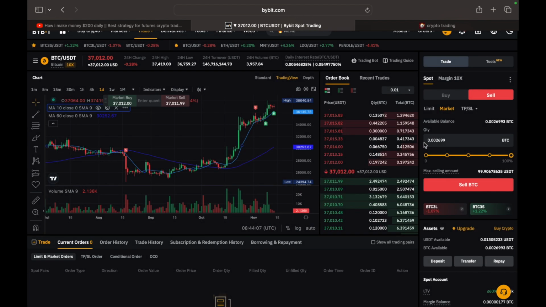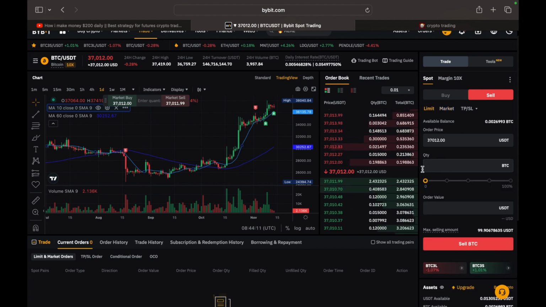And I can also use the limit order. So let's say I want to make profit. I bought this Bitcoin at the current price of 37,000, and I want to sell it at a higher price and make profit. So let's say I want to sell at the price of 37,500, for example, meaning that I'm gonna make a profit of $1.